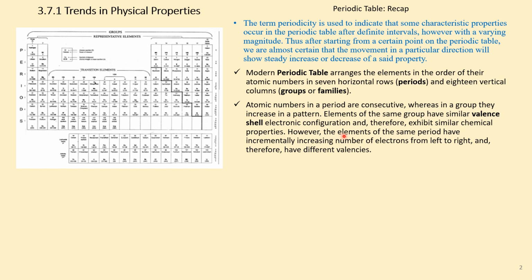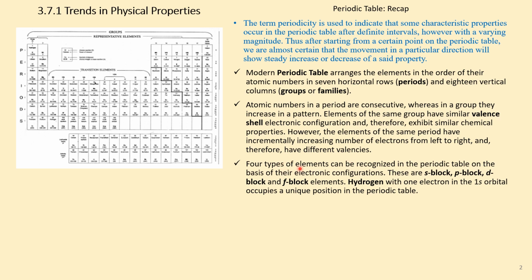However, the elements of the same period have incrementally increasing number of electrons from left to right and therefore have different valencies. So please note here, the elements of the same period, say for example this period, will have increasing number of electrons from left to right and therefore have different valencies.